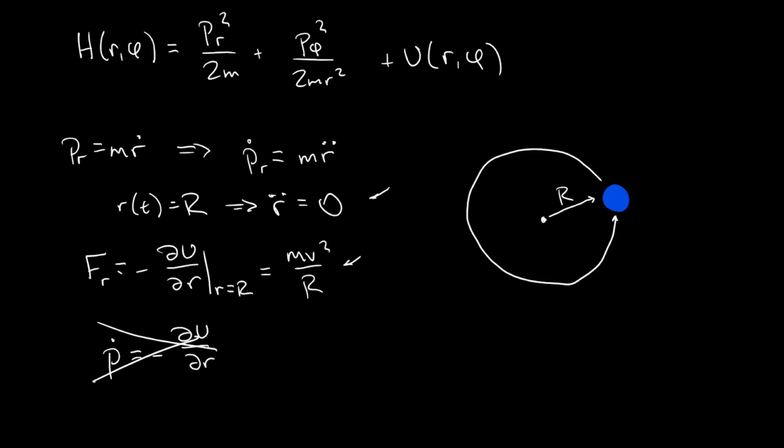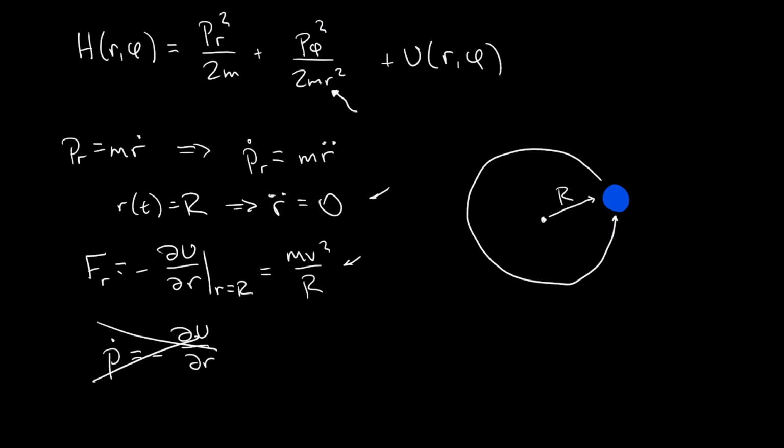But we should almost expect that to not be the case. Why? Because we're not taking into account the fact that coordinate dependences, when we're not working in Cartesian coordinates, can show up elsewhere besides the potential energy.